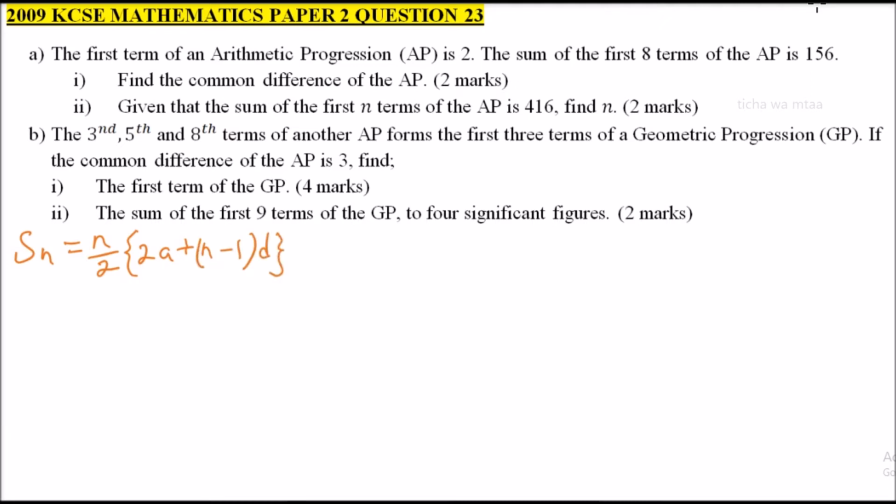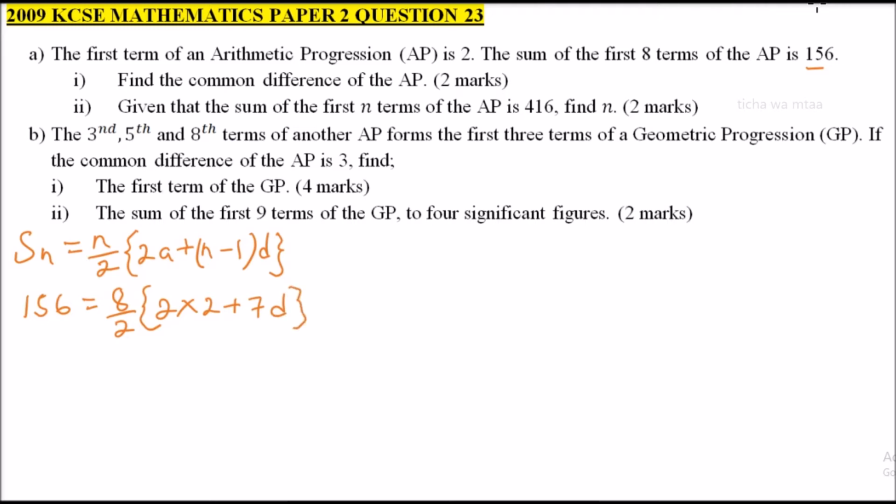If we are given the first 8 terms is 156, we say S8 is 156, equals n is 8 divided by 2. We put the bracket: 2 times our first term, which is 2, then we add our n is 8, so n minus 1, 8 minus 1 is 7, so here we have 7d, and we close the bracket.